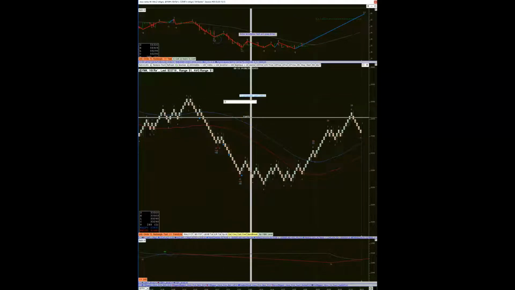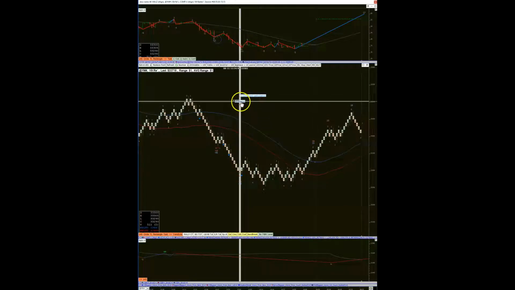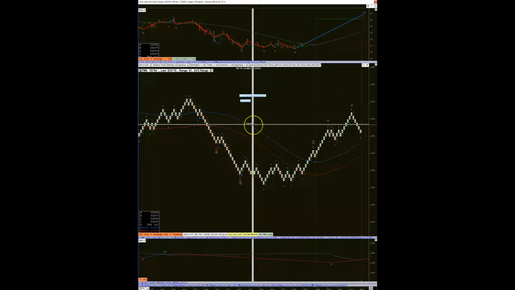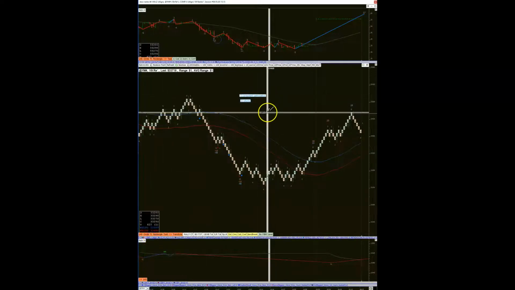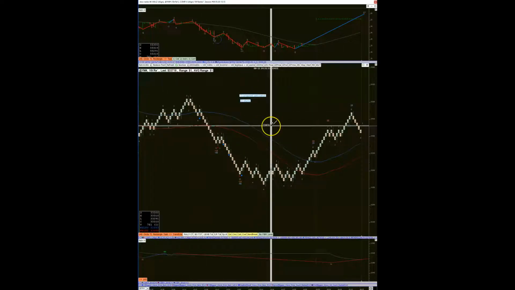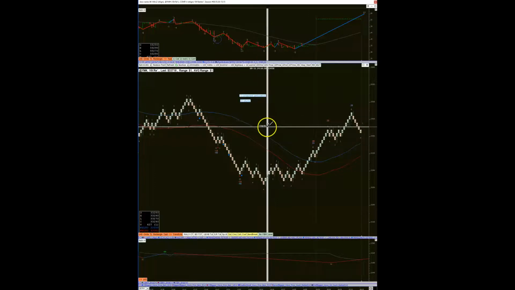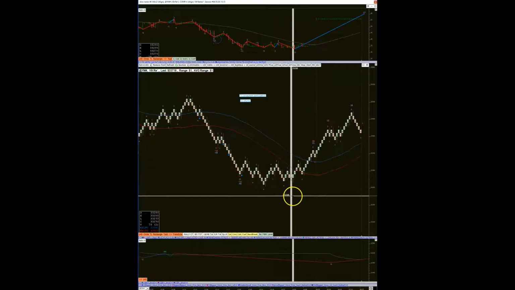Two, obviously volume. Why? Because volume validates the price action. Rally volume is greater than the pullback volume. Simple as that. Whichever direction, this is pretty much the case.